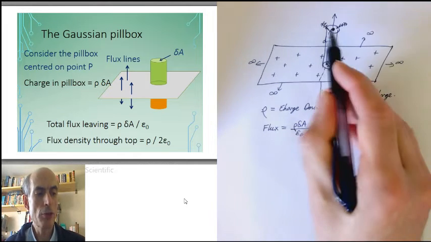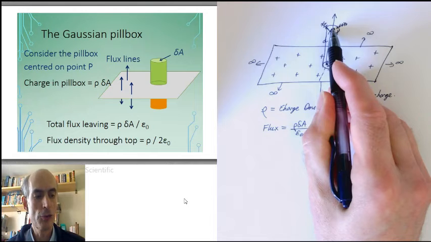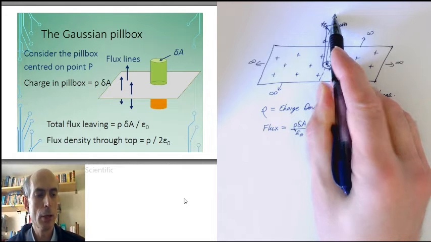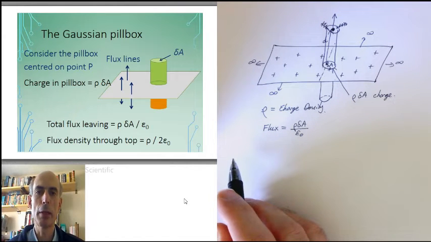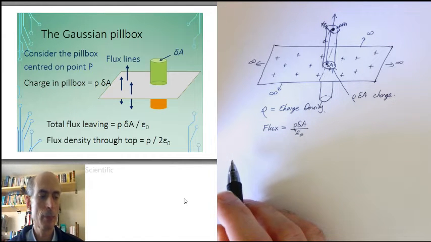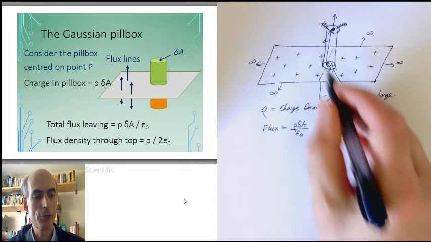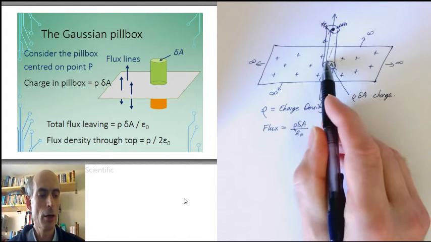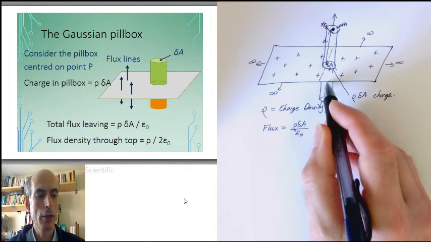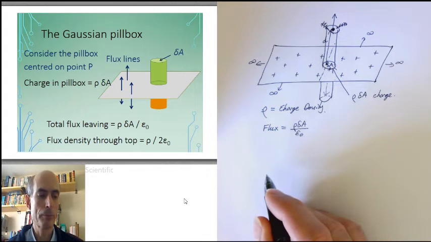We know that the direction of the force is directly away from the plate, so the direction of the flux lines must be directly away from the plate as well. The flux lines, due to the charge in this pillbox, can go in two directions. Half of them will go straight up, and half of them will go straight down.